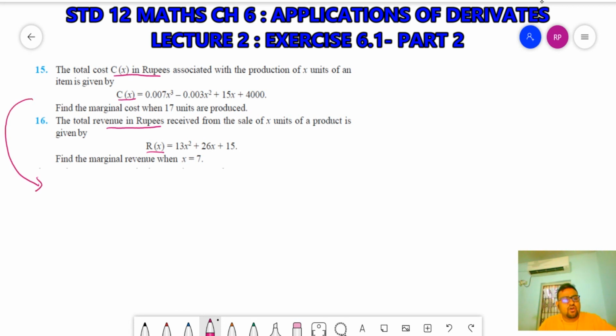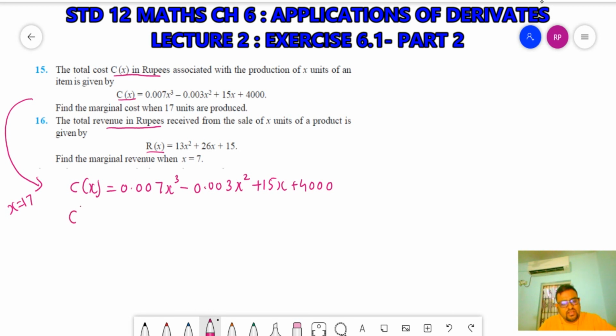So see, C of X, the cost, is given: 0.007 x cube minus 0.003 x square plus 15x plus 4,000. The marginal cost when 17 units are sold means x equal to 17.